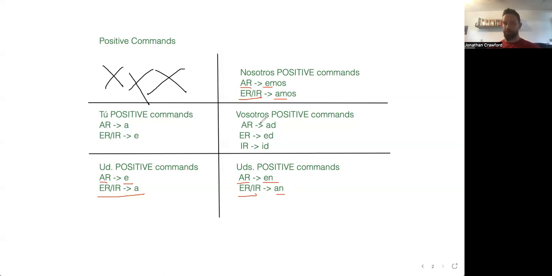Now the vosotros form, it's a little bit harder because you have to remember there's a D. But other than that, it's pretty easy. The A stays the same, the E stays the same, and even the I stays the same. You just put a D at the end. So hablad, you say habladme, speak to me, you guys, vosotros.